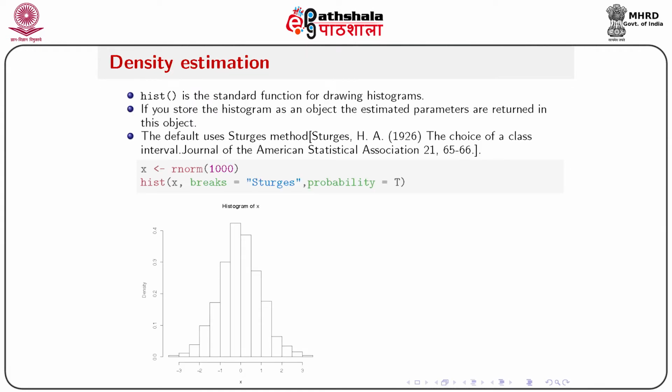Next, we'll learn how to generate the density plot. This is one of the non-parametric ways of getting the distribution of the data, instead of finding a matching parametric distribution.